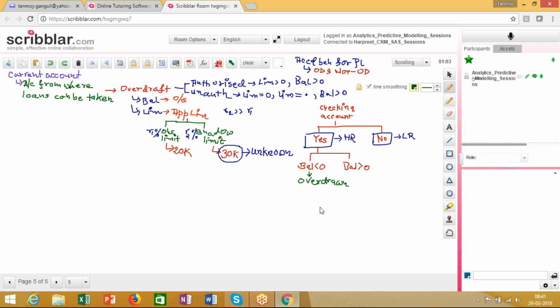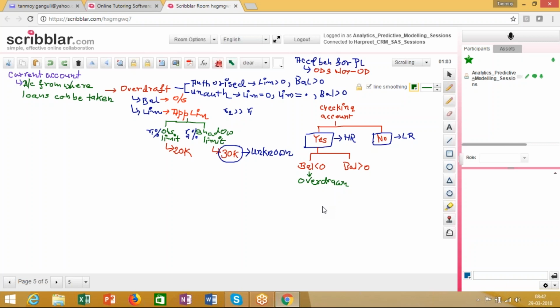So basically, if a borrower historically maintains an overdrawn current account, what it means is that this guy has the tendency to take up a loan and not really pay it back. So that means this borrower is inherently a risky borrower because he is actually overdrawn on his current accounts.